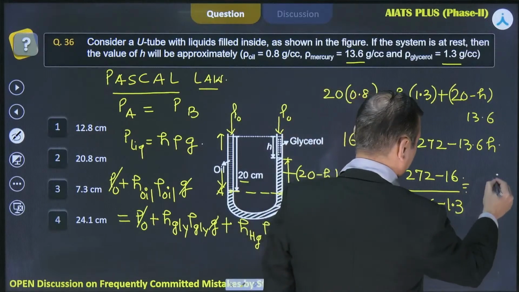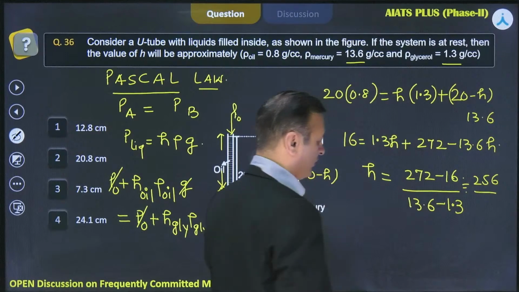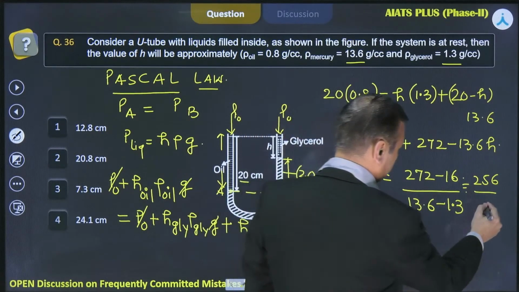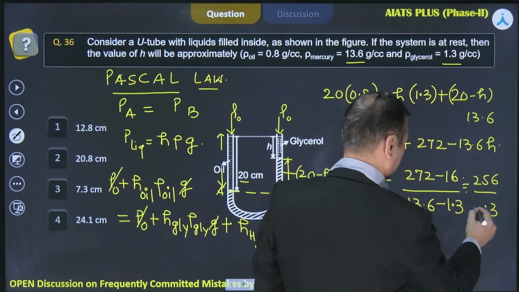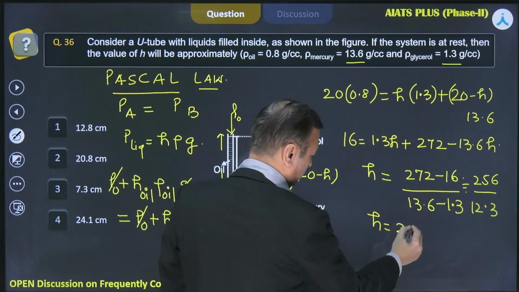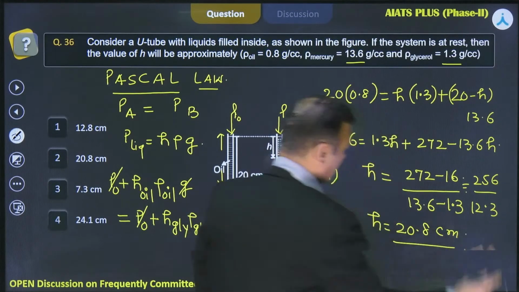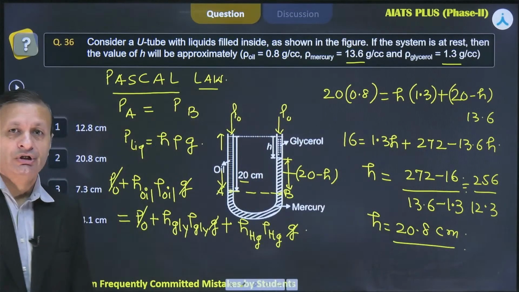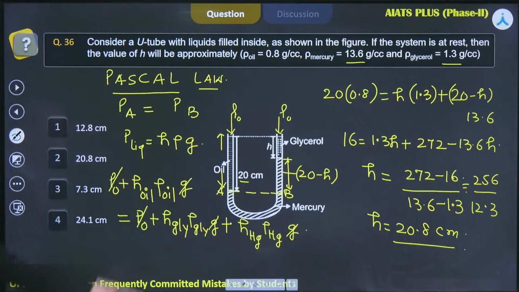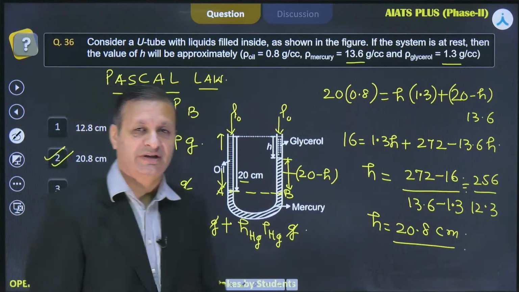So this is 256, and this is 12.3, and when you solve it, it gives you close to 20.8 centimeter. So this is the height you have to find out for the glycerol, and this is 20.8.